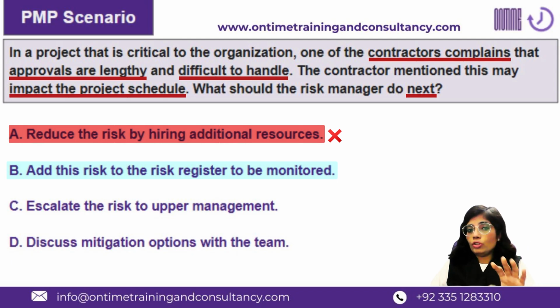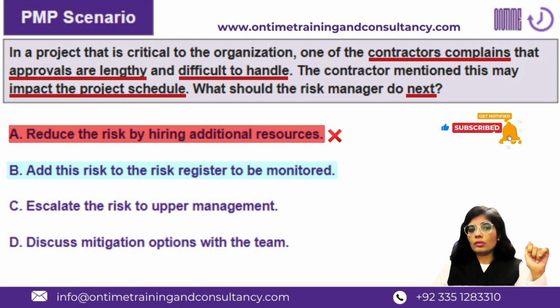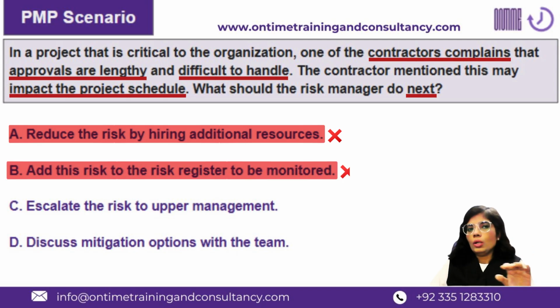This is not the situation in this case, because it is clearly mentioned in the scenario that the contractor is apprehensive about the situation, and he is clearly saying that it may impact the project schedule. So just keeping an eye, monitoring, observing is actually not going to be the best thing to do.